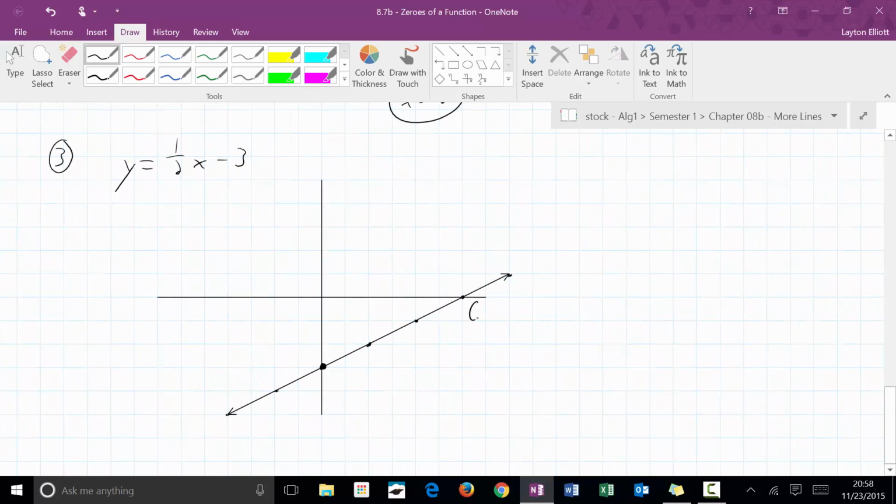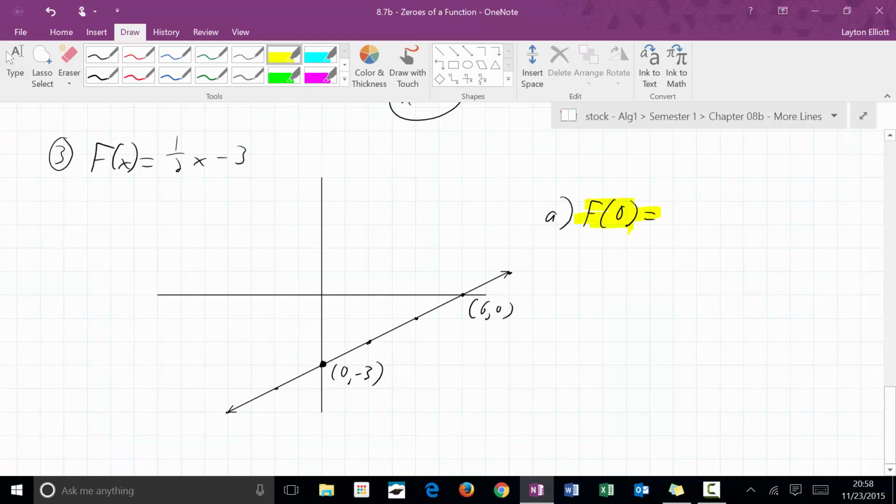Now you can see right here I have the intercepts (6, 0) and (0, -3). Same directions. Instead of y equals, let's call that f of x. f of 0 is the y-intercept. That is this thing, so that's just equal to -3.